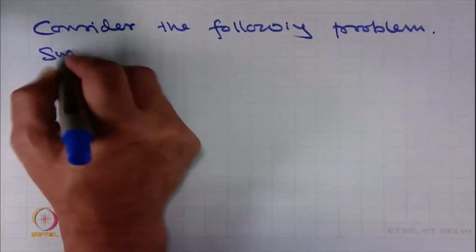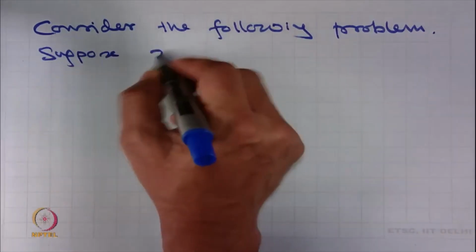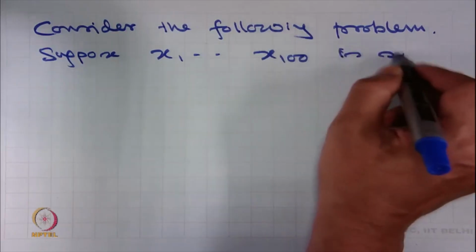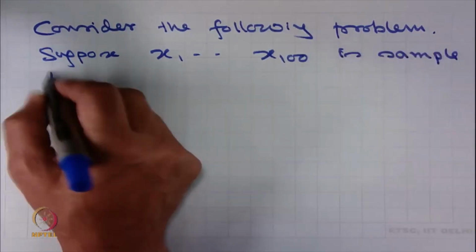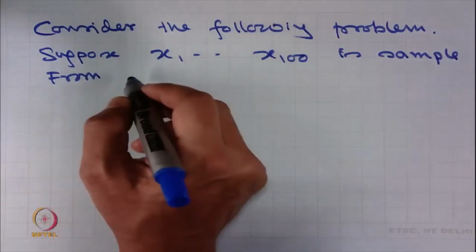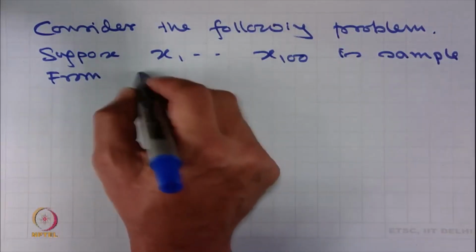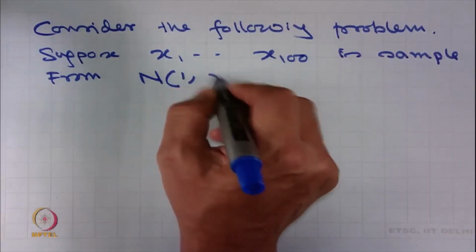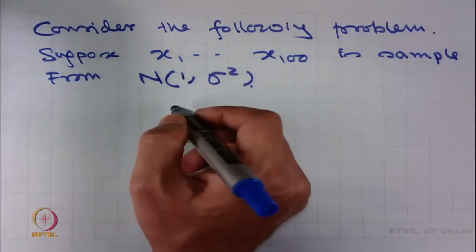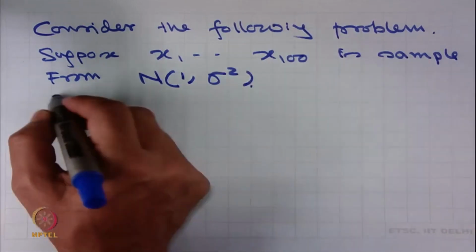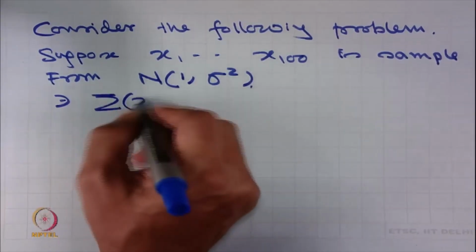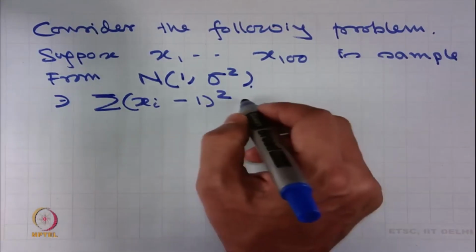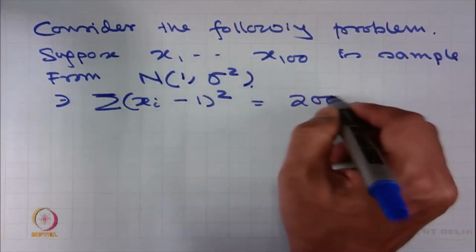So, let us consider one problem. Suppose x 1, x 2, ..., x 100 is a sample from normal 1 comma sigma square, such that sigma (x i minus 1) whole square is equal to 200.